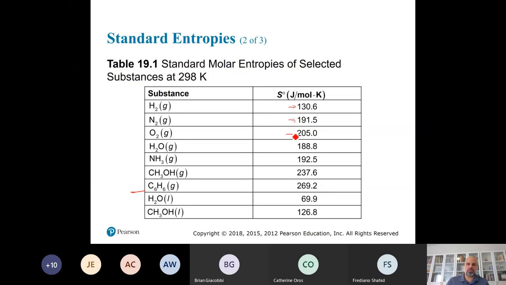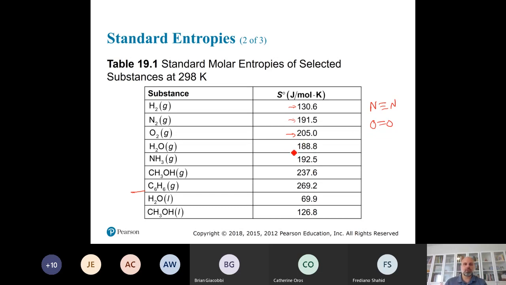Going from nitrogen gas to oxygen gas, we see an increase. The number of atoms stays the same, but the molar mass increased.